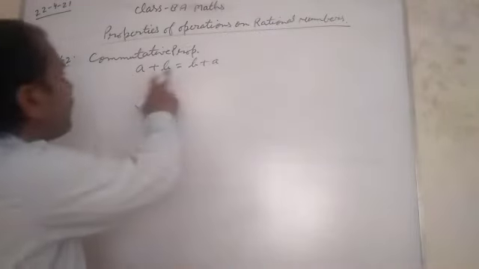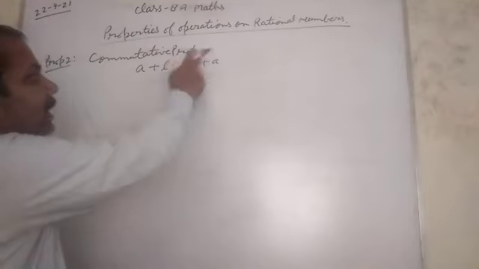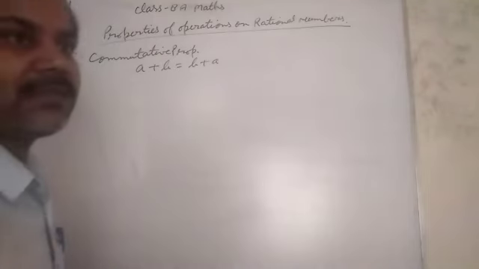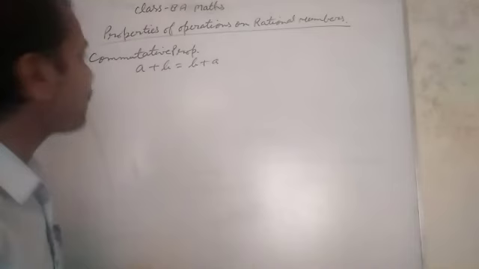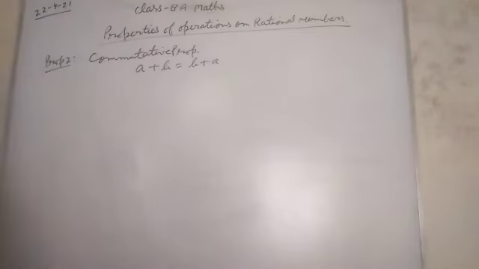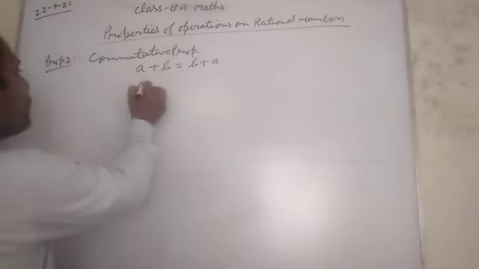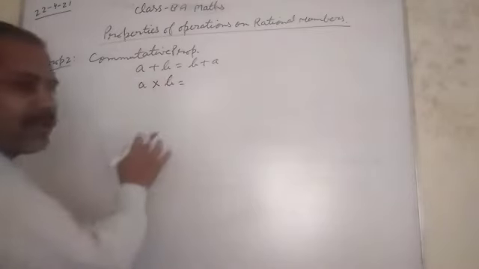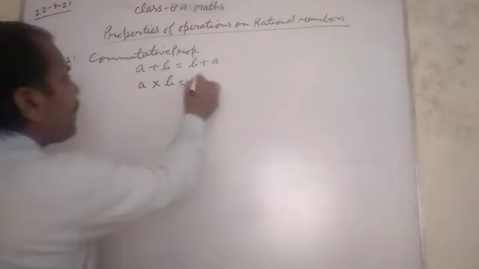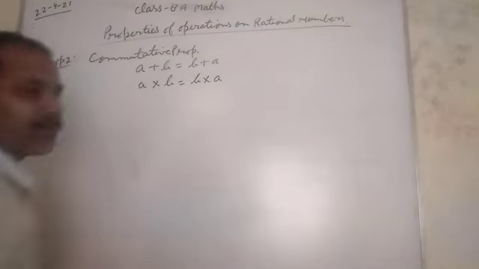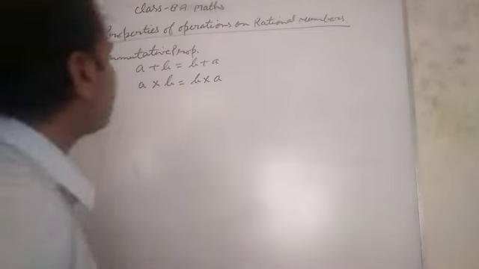If we add A and B or B and A, the result will be the same, so A plus B is equal to B plus A. For multiplication, A into B, if we multiply A and B or B and A, the product also remains the same.